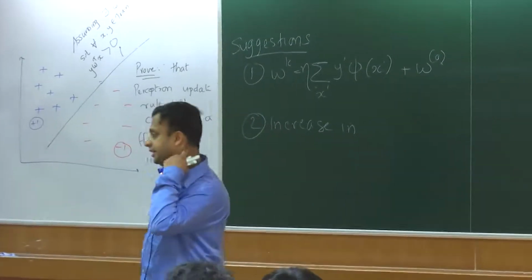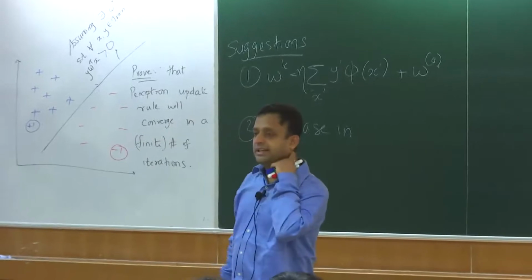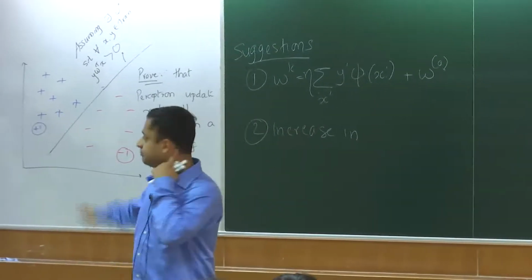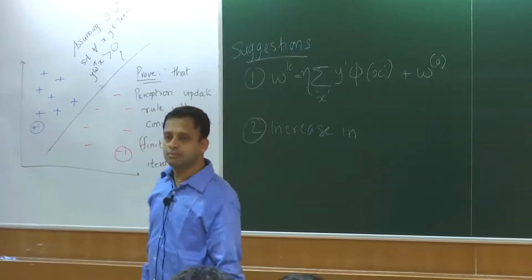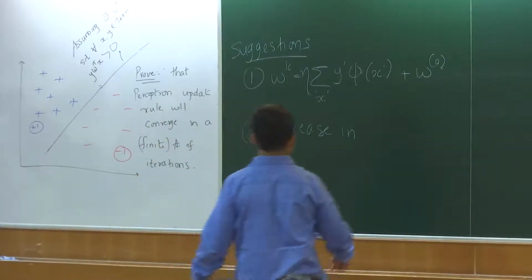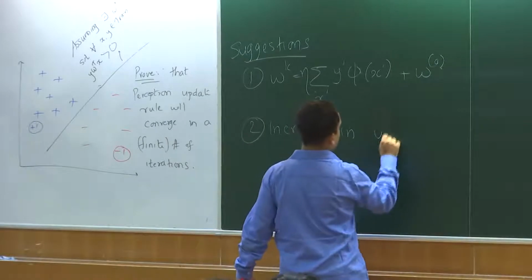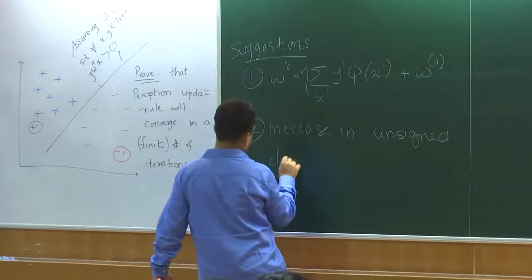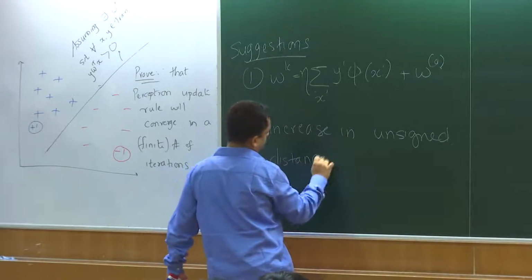The increase in unsigned distance is at least eta times the norm of phi squared. Right.